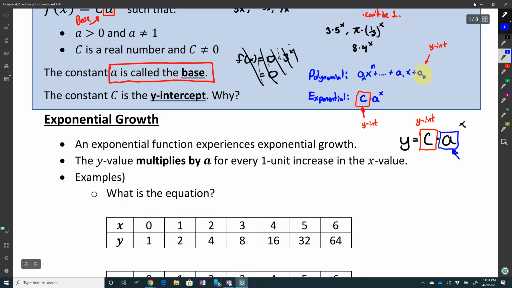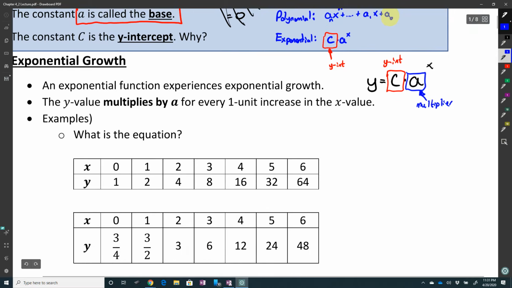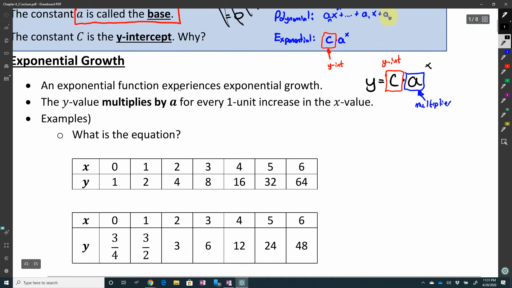This a is a multiplier. What you do is you look at your y values and you see what they're multiplying by. Whatever they're multiplying by, that's going to be your a. So if I look at this first equation, here's my y-intercept. I'll do red for the y-intercept.